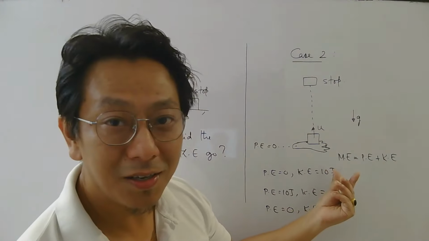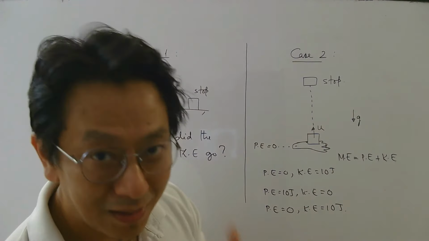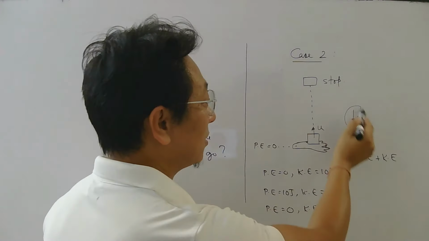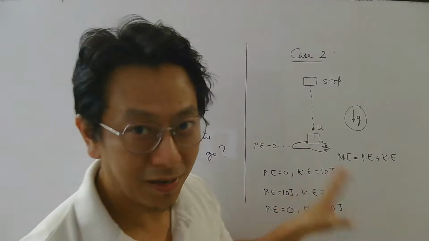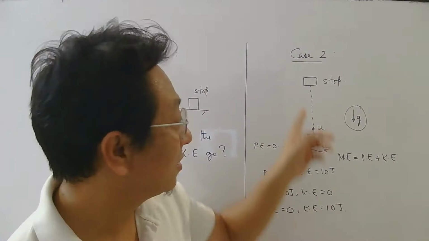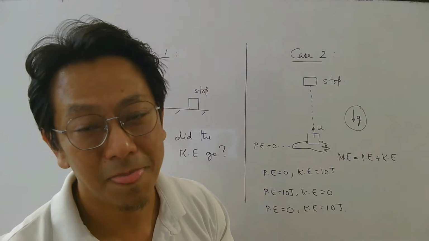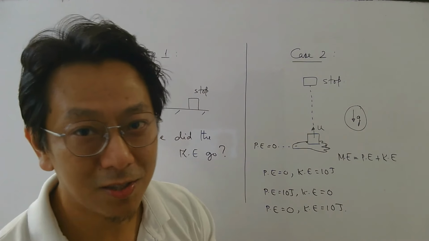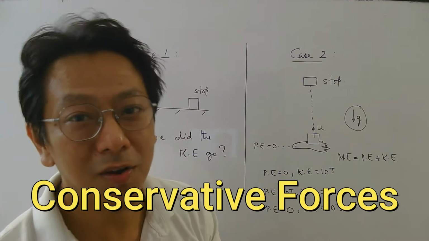So mechanical energy remains conserved. That's why this kind of forces, in this example gravitational force, where the mechanical energy of the system remains conserved, such forces in physics we say conservative forces.